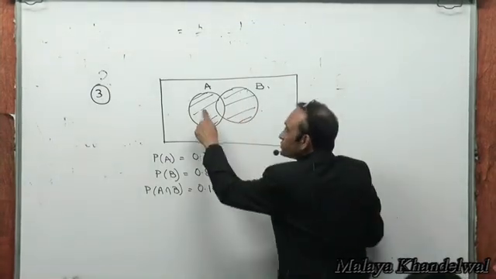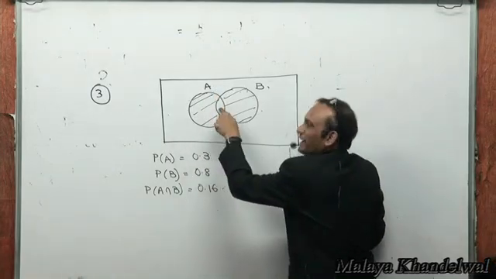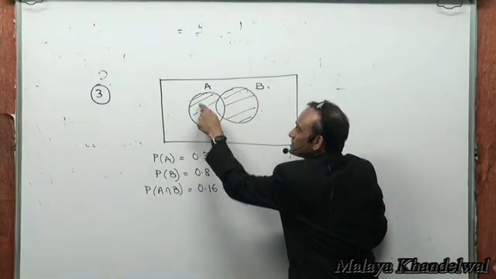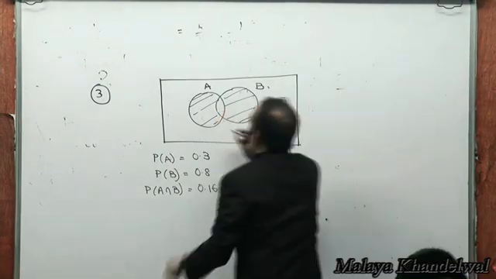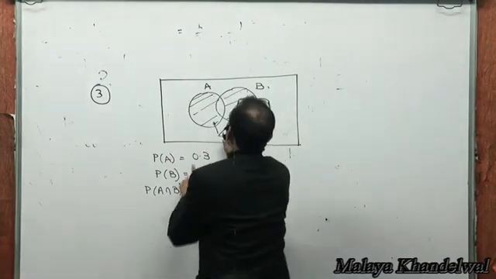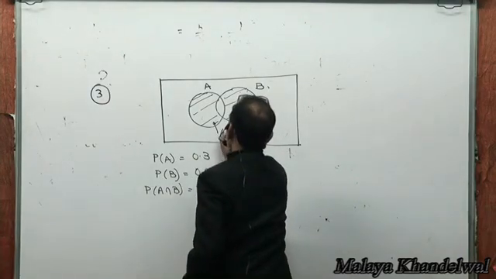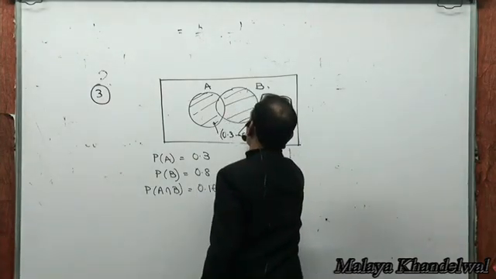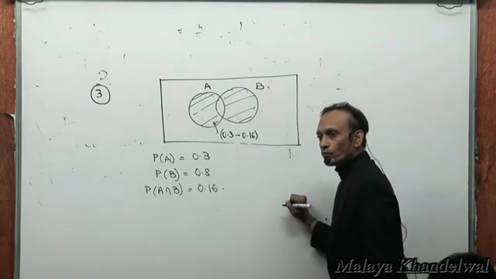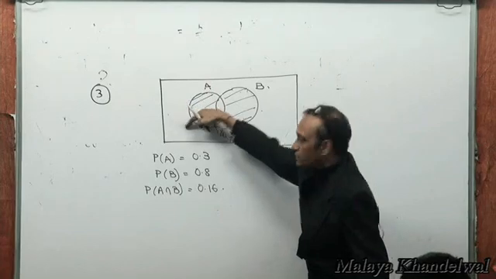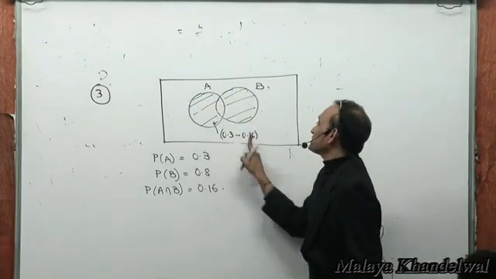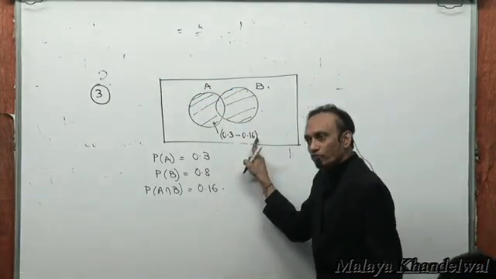Now do you realize this region is P(A) minus P(A intersection B)? So this region is P(A), which is 0.3, minus 0.16. Yes or no? This whole thing is 0.3 minus 0.16, which is 0.14.